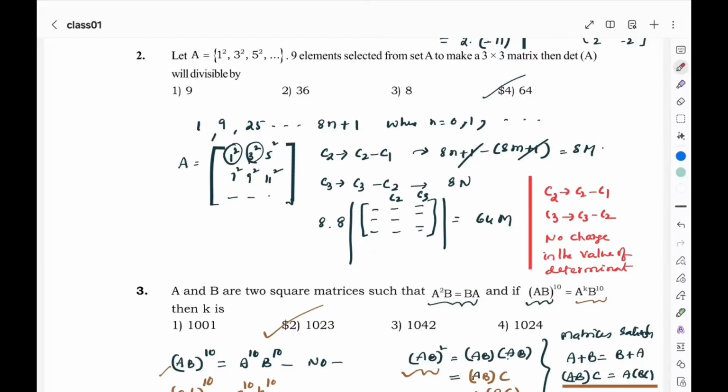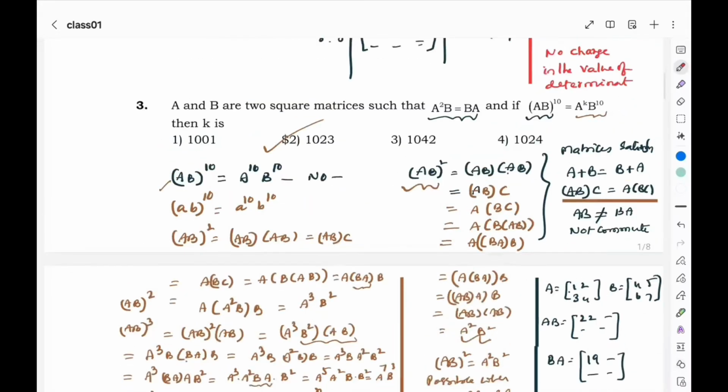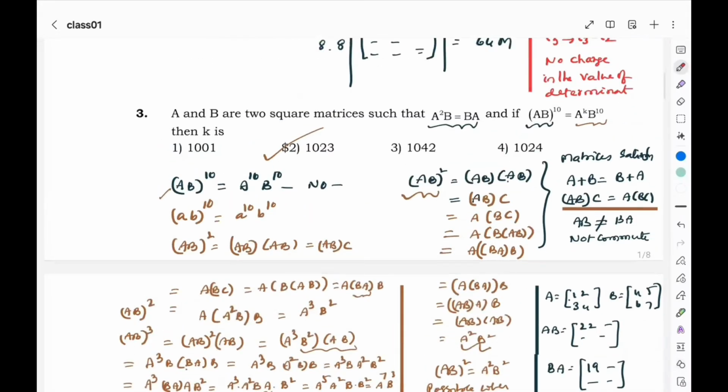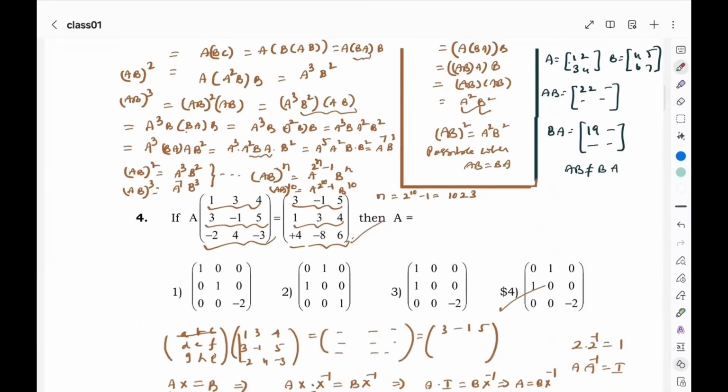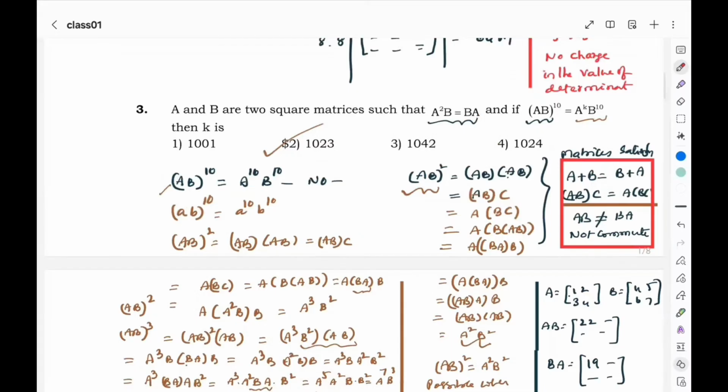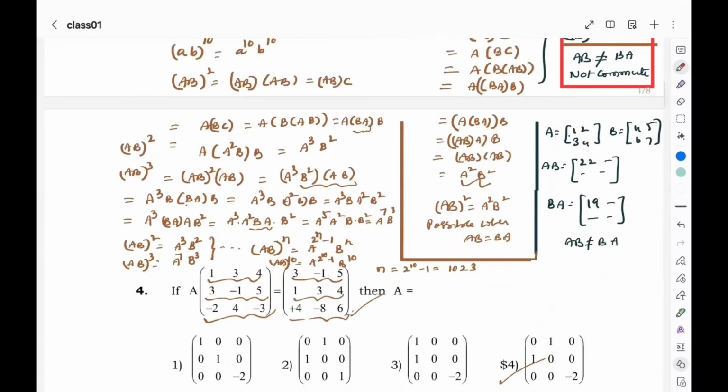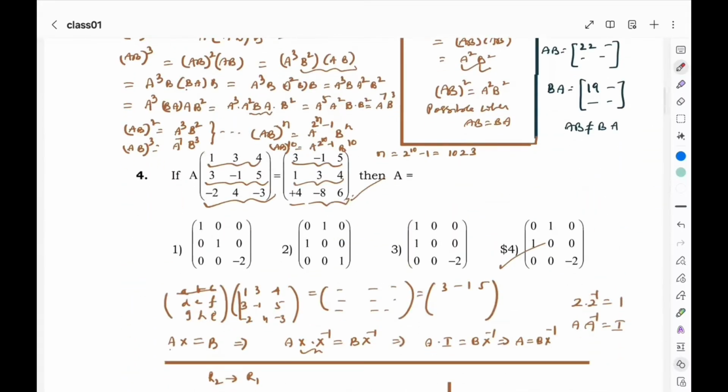What we found out is each row is a multiple. Here we used these properties: associative property and commutative property, and how to use the condition in getting the required result. Here we used elementary transformations.